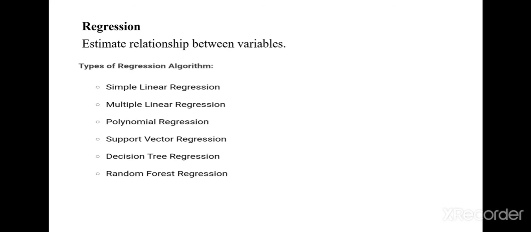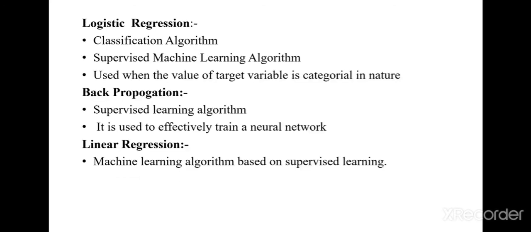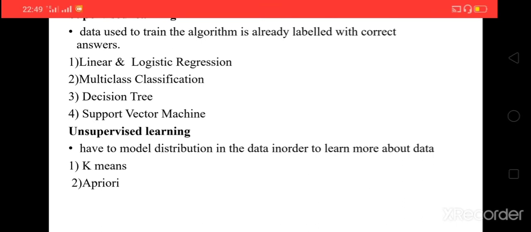So logistic regression and backpropagation are classification algorithms, and linear regression is a regression algorithm. So you have identified the difference between classification algorithm and regression algorithm.